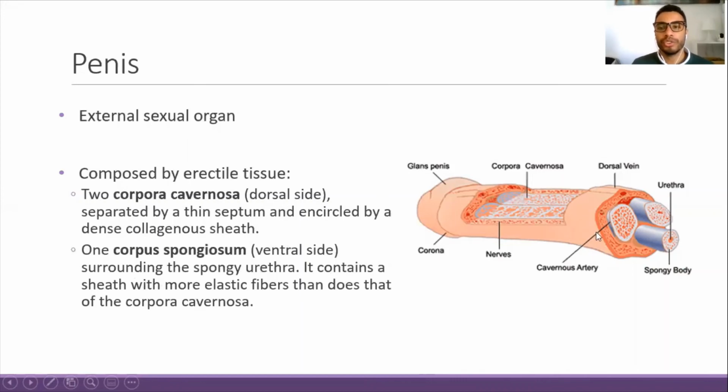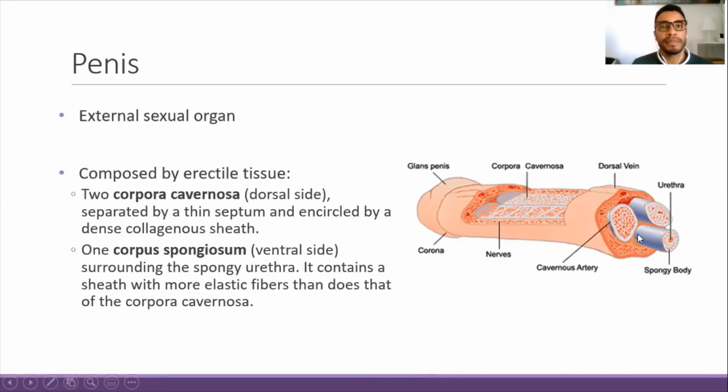So the spongy body, or corpus spongiosum, is located in the ventral side of the penis and surrounds the urethra. So this is the spongy urethra. It contains a sheath with more elastic fiber than that of the corpora cavernosa.